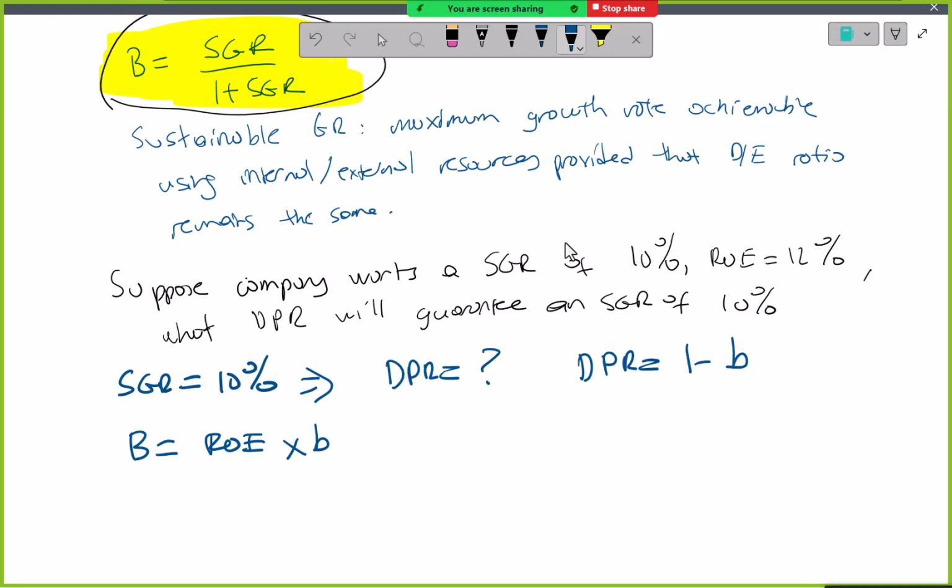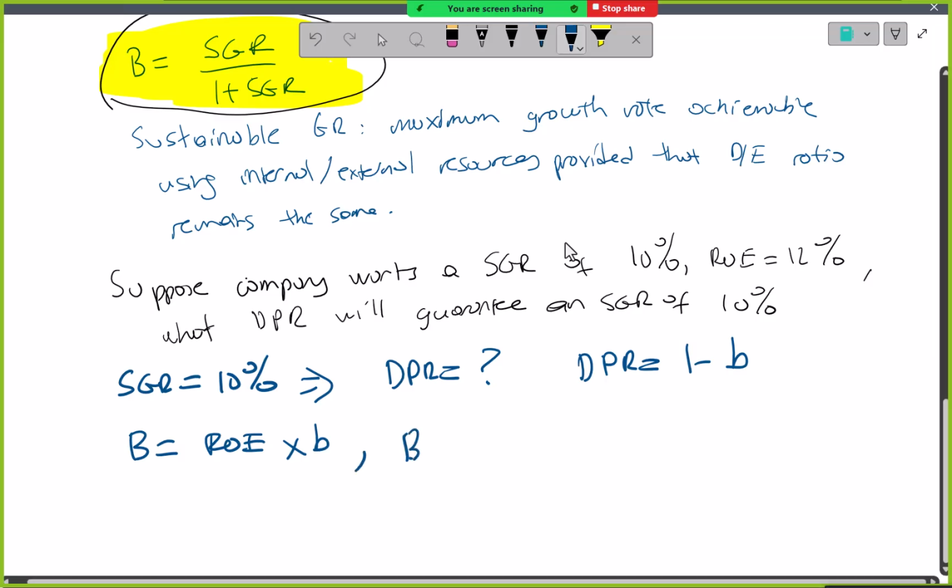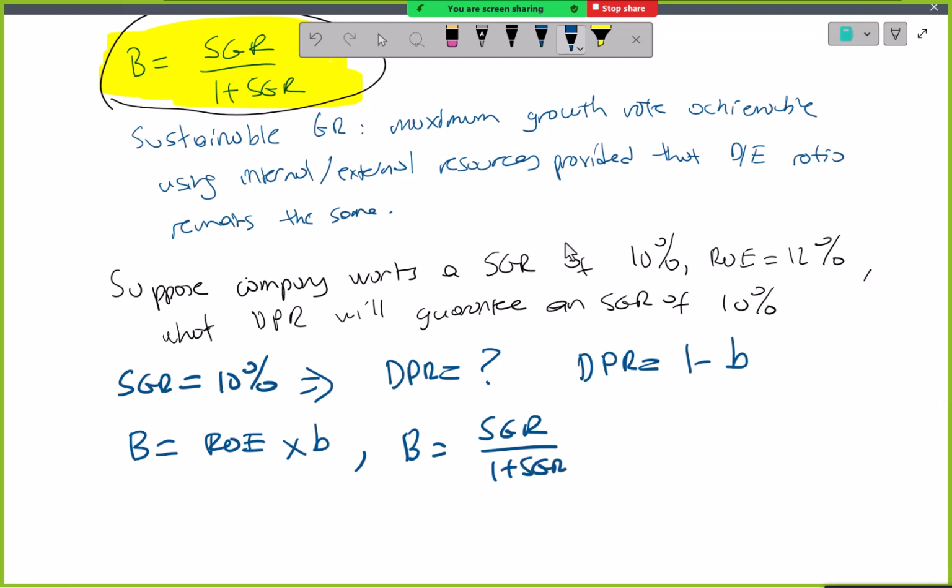I know the ROE. So if I could figure out what that cap B should be, I can figure out what the retention ratio should be. But I already have the formula for that. So that's 10% divided by 1 plus 10%.